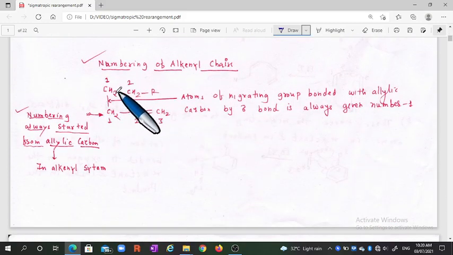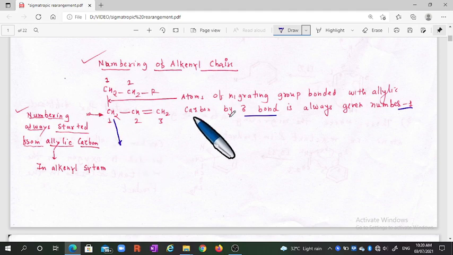Already we have discussed the numbering of the alkenyl chain. The atom of the migrating group bonded to the allylic carbon by a sigma bond is always given number one. The numbering starts from the allylic carbon. From the allylic carbon you have to give the numbering 1, 2, 3.